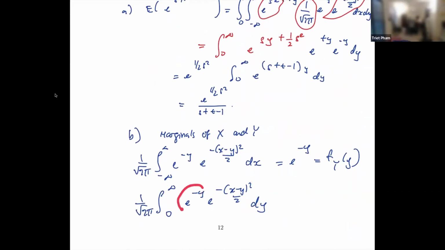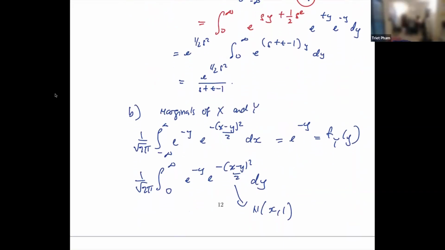Then e to the minus y: you can look at this as a PDF of a normal with mean x and variance y, so this is a fixed x changing y. But because you have e to the minus y here, this is the MGF of that normal evaluated at t equals -1.